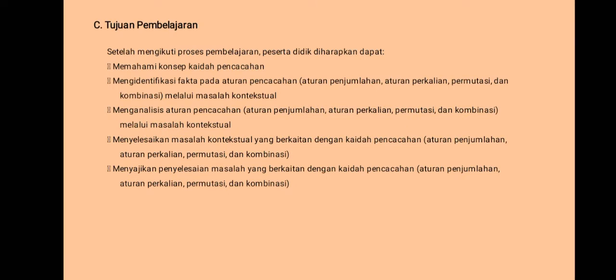Next is C, learning objectives. After following the learning process, students are expected to first understand the concept of the rules of enumeration and identify facts on the rules of enumeration, like the addition rule, the multiplication rule, permutation, and combination, and solve contextual problems.